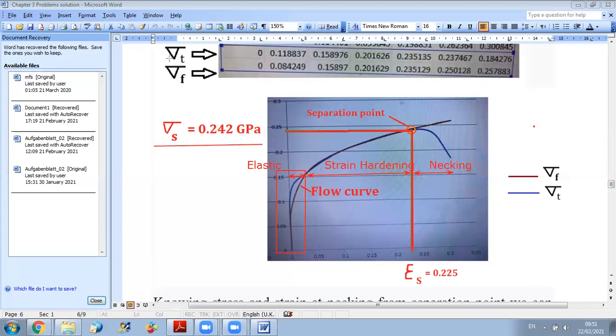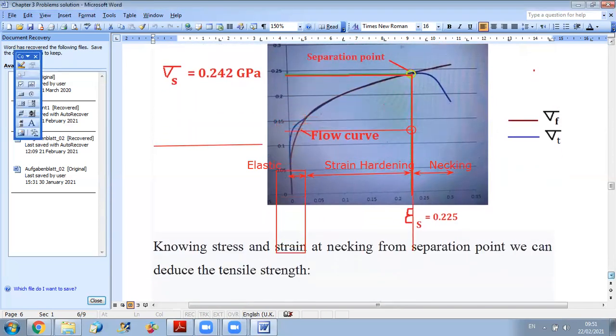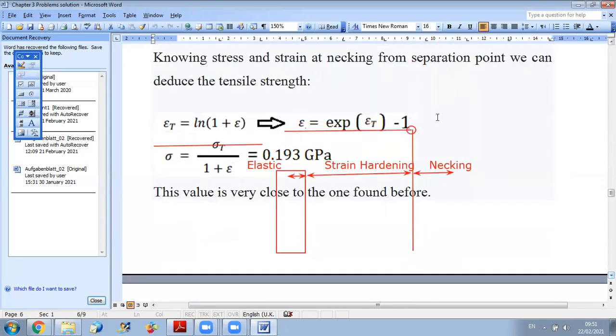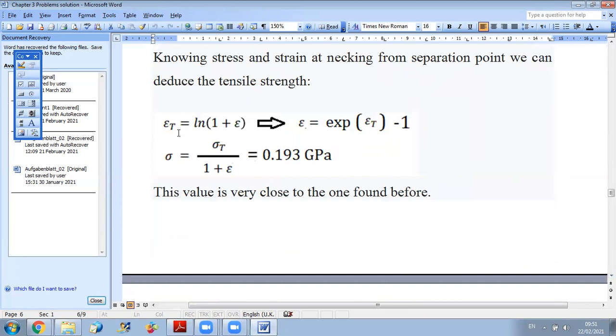I can now use the relation between true and engineering stress. After finding epsilon separation and sigma separation, from the first relation, since I know epsilon separation true, I can get the value of epsilon separation engineering.